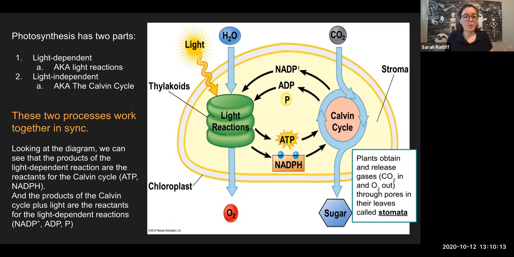Plants also have pores, but they're called stomata, and they can open and close and let gases in and out. So when they need some carbon dioxide, they'll open, harvest some carbon dioxide. When they're doing their photosynthesis, they're going to have oxygen as waste, and that will need to leave the plant as well. So the stomata regulate the gas exchange between the inside and the outside of the plant.